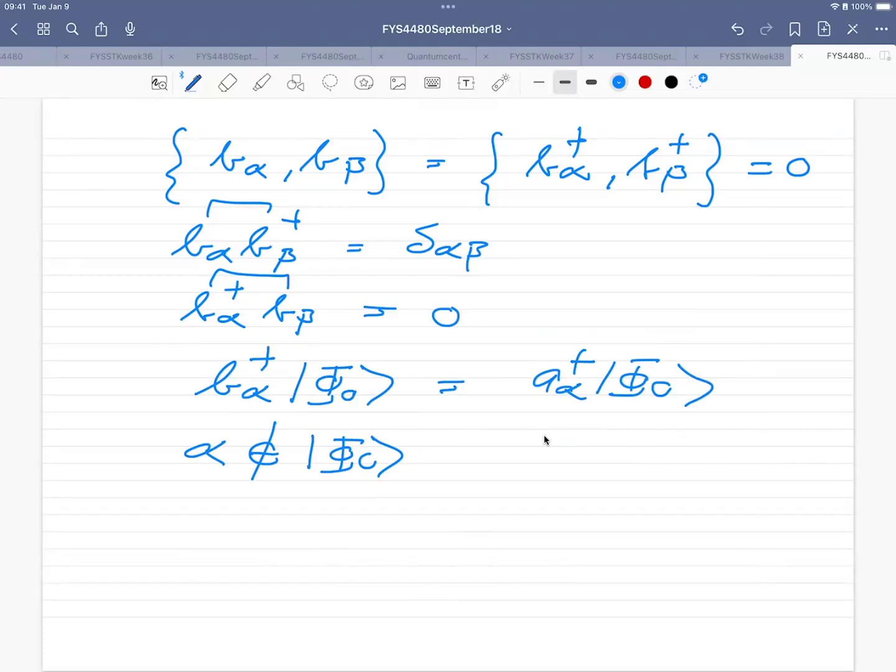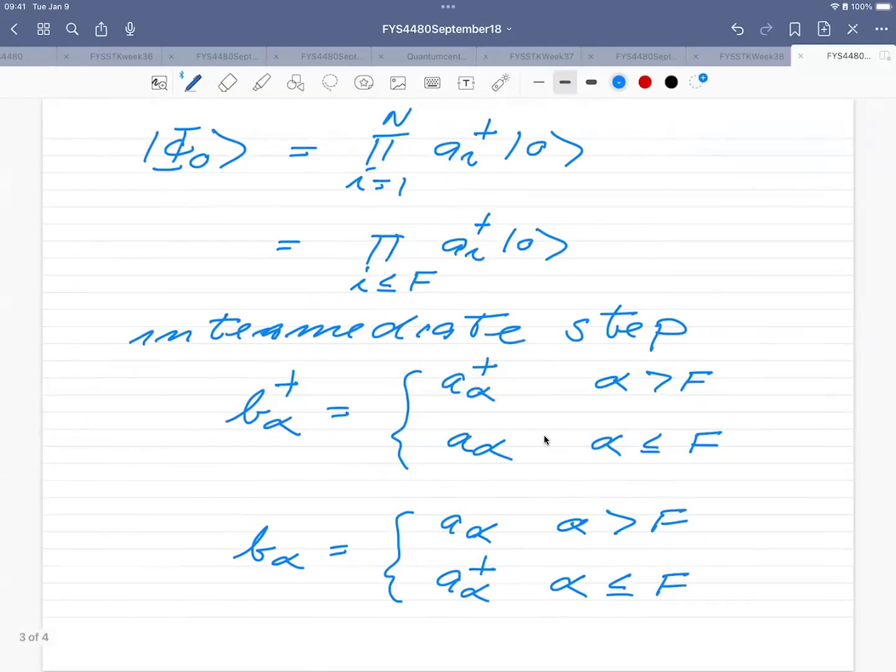On the other hand, if I look at the definitions, I can have A alpha. If we look at the definitions which we have here, you see that we have this definition for this operator.